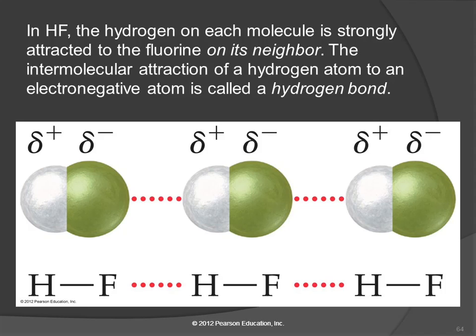Well, let's just say maybe this one's a third of a whole charge. And on the other ones, maybe it's 1/12 of a charge. So the charge is still less than 1. It's not ionic. But it's closer, it's greater, and so the force of attraction is different. It's larger. And so this attraction between the fluorine on one molecule and the hydrogen on another is what's called the hydrogen bond. But it's not actually a bond like a covalent or ionic bond.